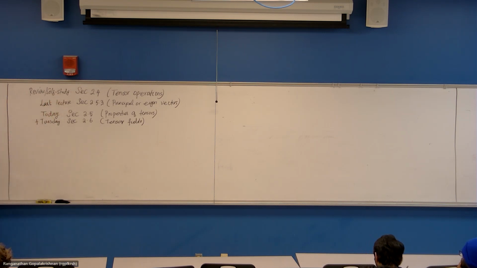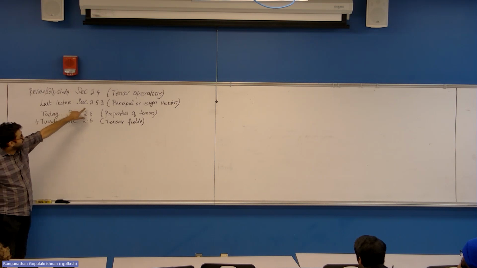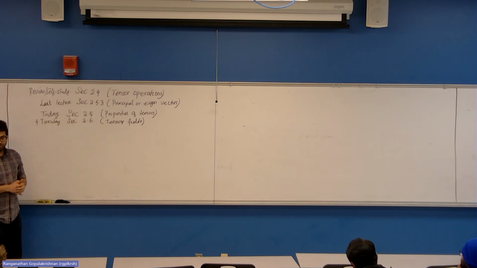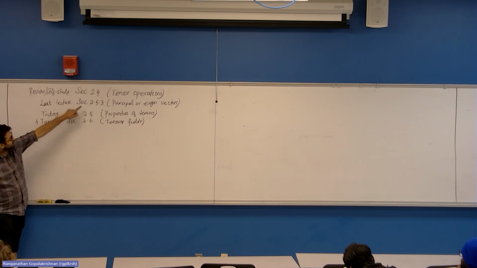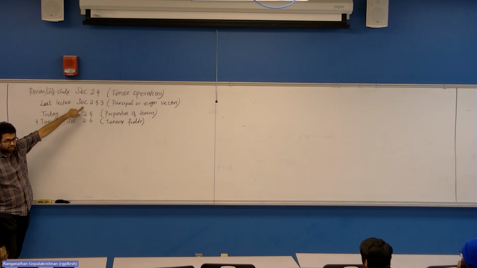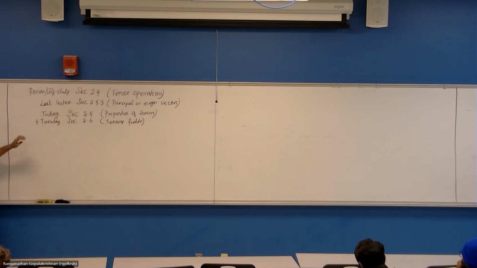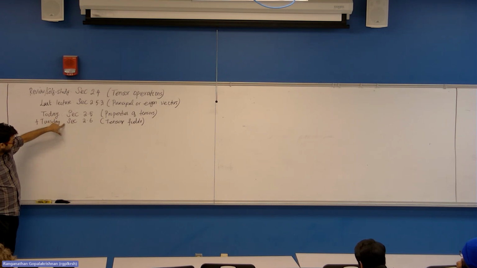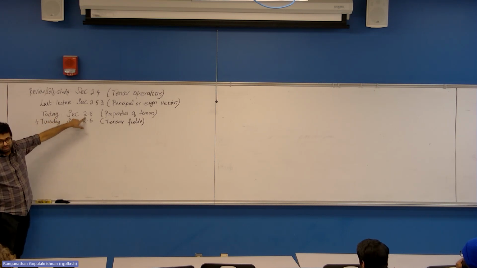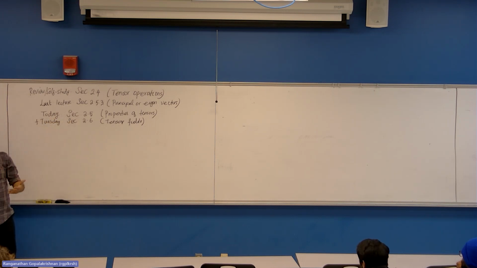Last lecture, we talked about how to derive eigenvalues and eigenvectors for a given matrix or a tensor. That is covered in section 2.5.3, so the last lecture's material goes with this section. Today and Tuesday, I hope to wrap up sections 2.5 and 2.6. 2.5 is sort of an easy list of properties that we are going to see.